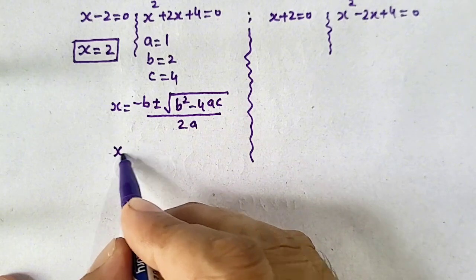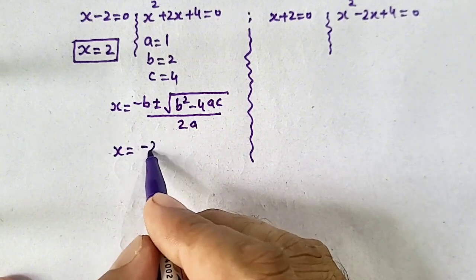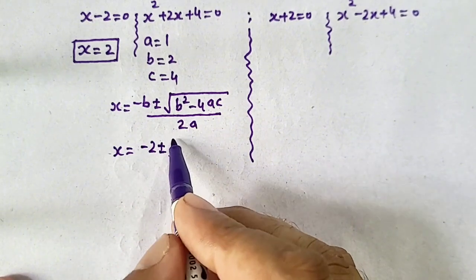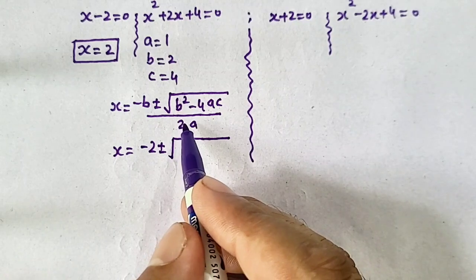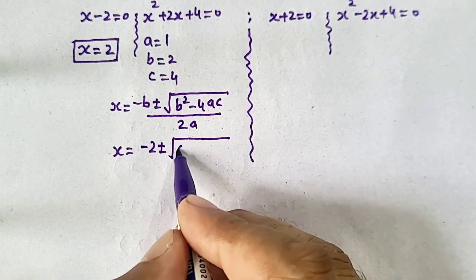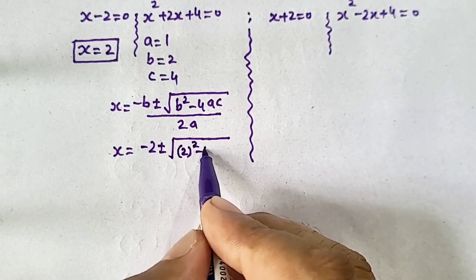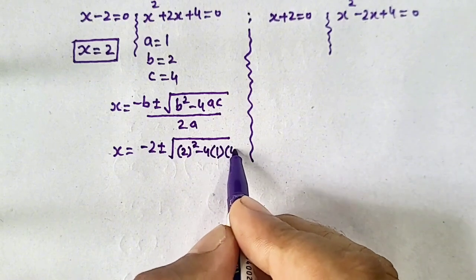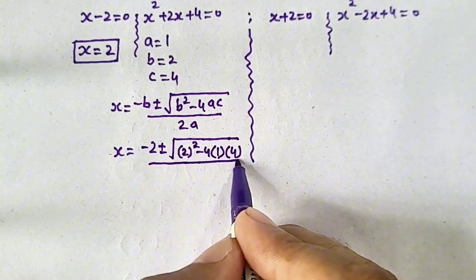So we will get minus 2 plus minus square root of 2 squared minus 4ac, divided by 2a.